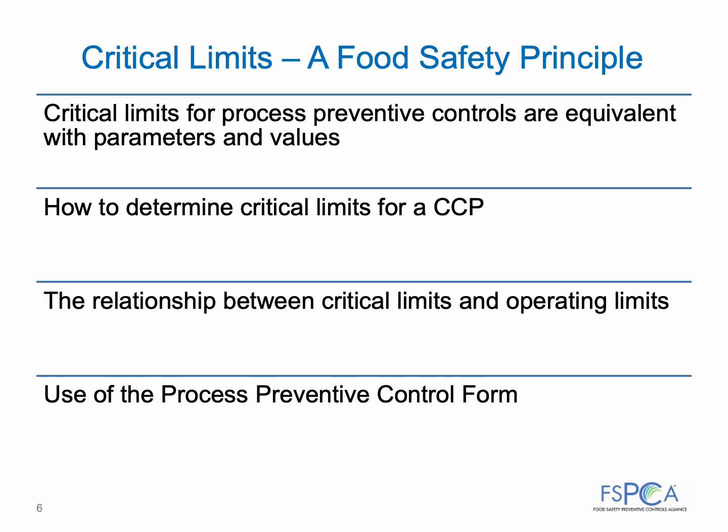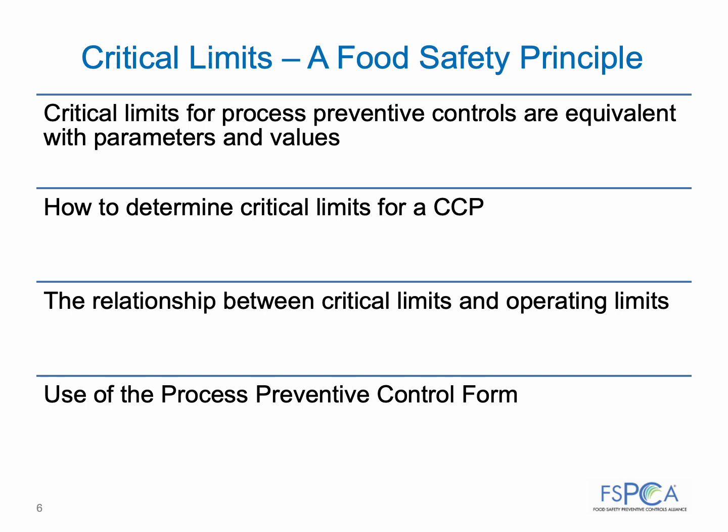This chapter focuses on how to establish science-based critical limits, which help to assure process preventive controls are effective. Sources of information on critical limits are readily available, and these will be discussed later in the chapter. The chapter also discusses different approaches used to establish a critical limit, as well as the advantages and disadvantages of these approaches.